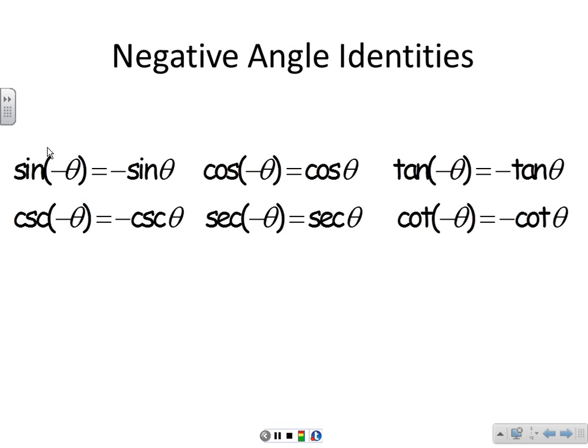So basically what this is saying is, and I'm just going to show you how to read these. Sine of a negative theta. Basically, you have sine of a negative angle is the same as the negative sine of that same angle. So if you can picture with me, with the sine of a negative angle, you are rotating clockwise.